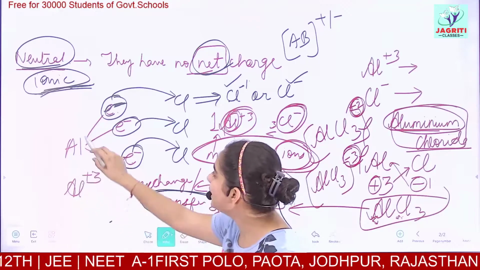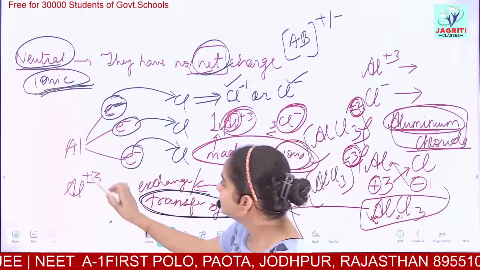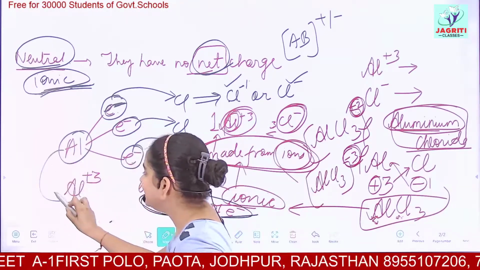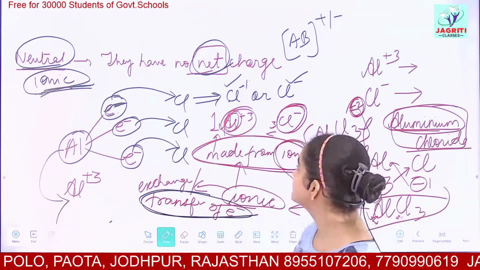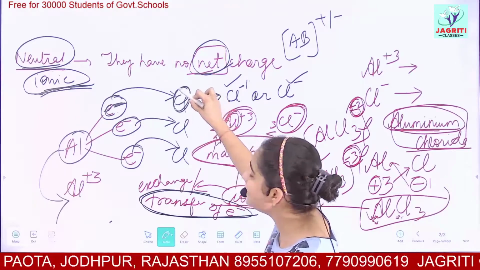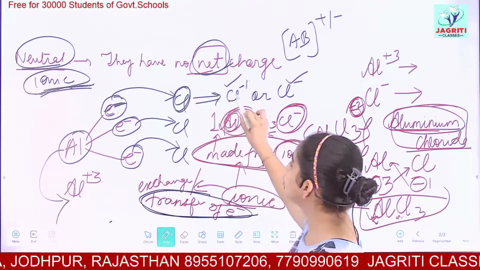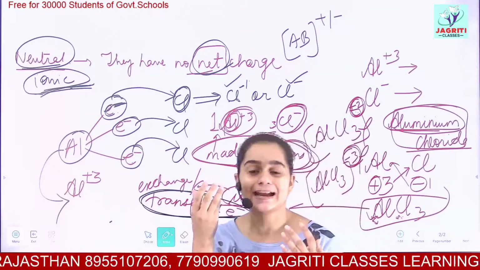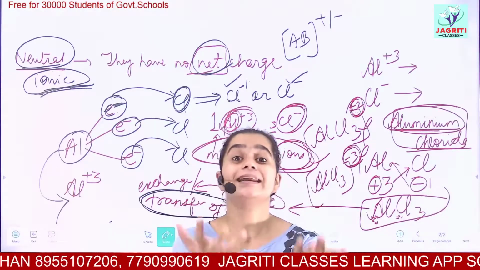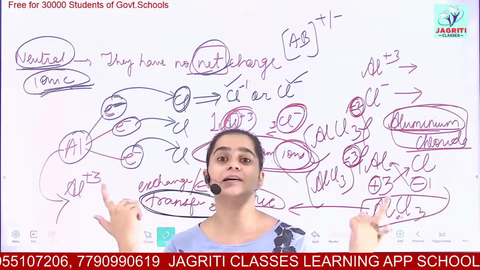Ions are made by transfer of electrons. This aluminium atom is converted into the ion of aluminium by losing electrons. This Cl atom, chlorine atom, is converted into chloride ion by gaining an electron. So when any atom loses or gains electrons, it becomes an ion.